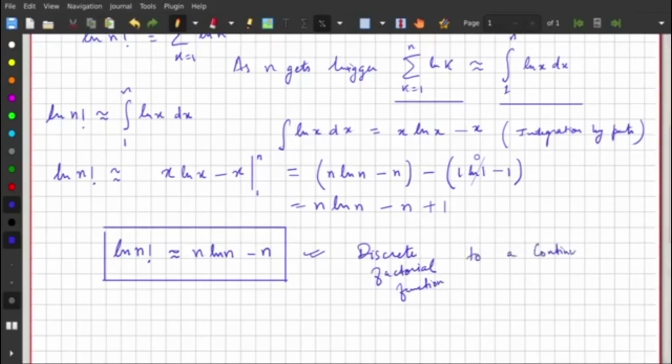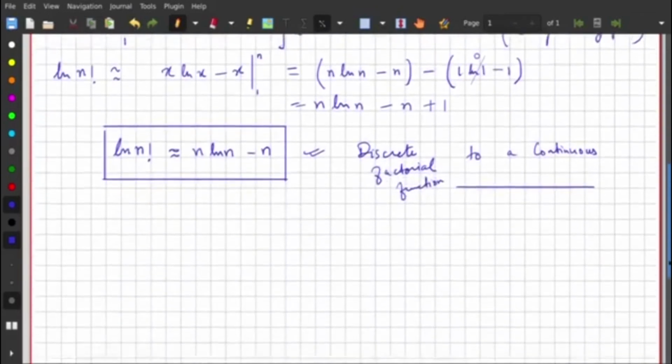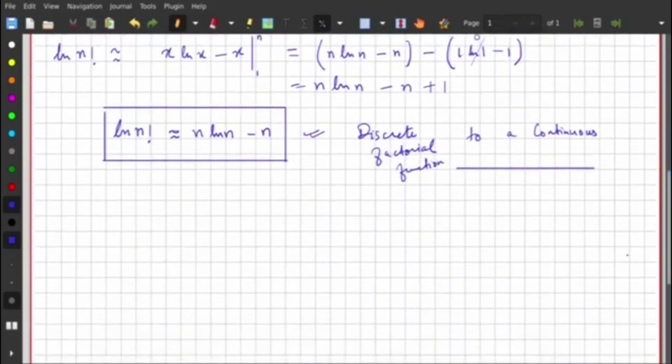Okay, and the moment we do that, we can use the rules of calculus, and that makes the job a lot easier, because it's always easier to handle smooth functions rather than discrete functions. Okay, so that's all about Stirling's approximation. It's used quite a bit in statistical mechanics.